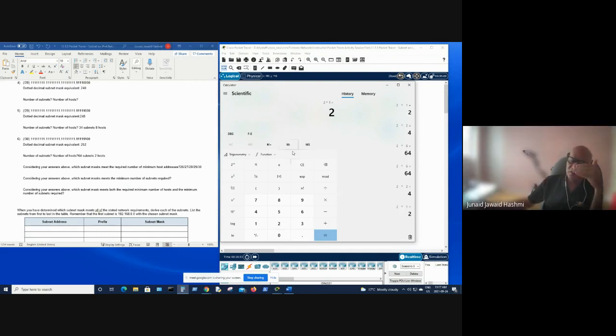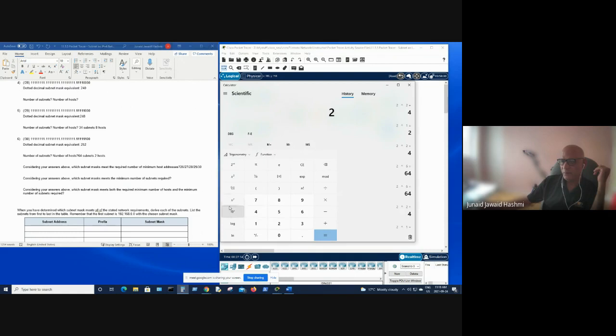So let's go one by one. If we borrow 1 bit, not good enough, so we need to borrow more. If we borrow 2 bits, 2 to the power of 2 gives us 4 hosts. Not good enough. We need 50.